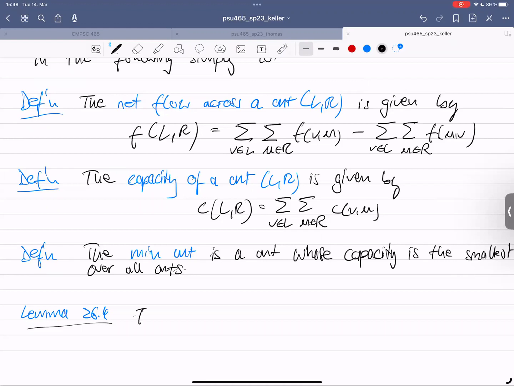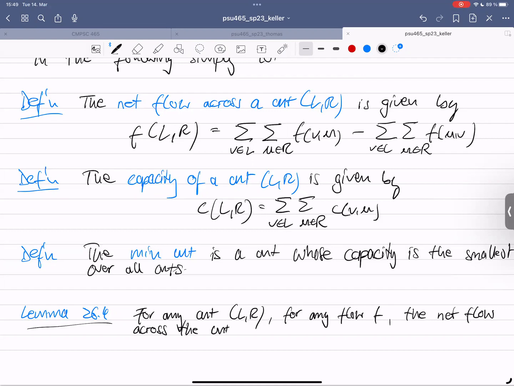So for any cut and for any flow, the net flow, as we defined it above, across the cut is simply the flow value.